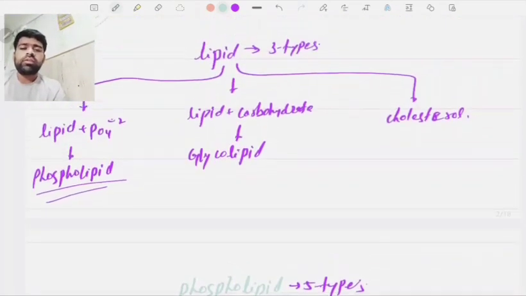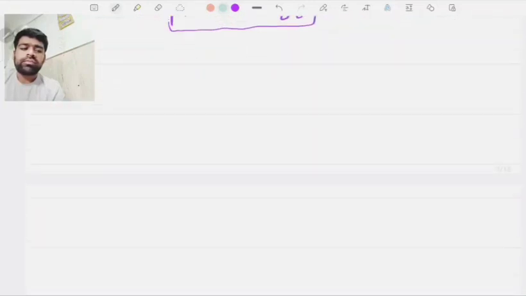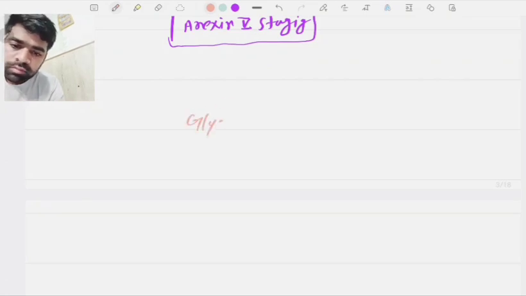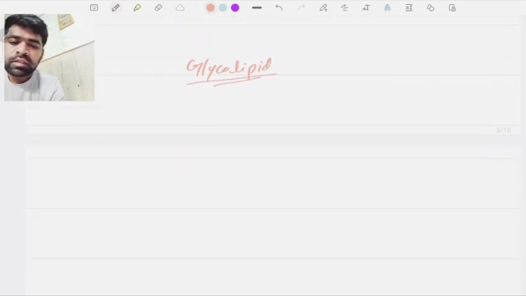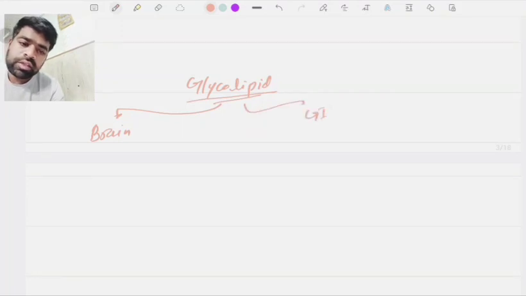Phospholipid is completed. The second one is glycolipid, so we will explain glycolipid. Glycolipid is present in the brain and GIT.